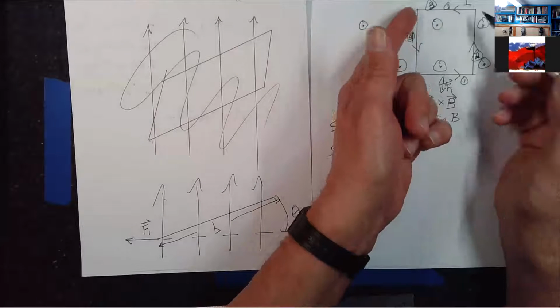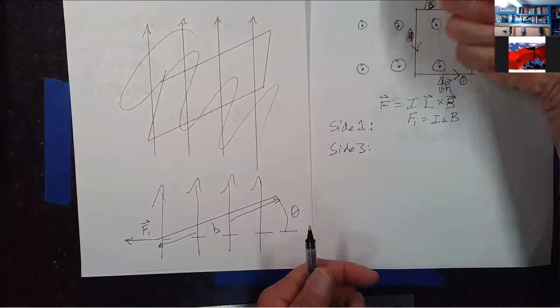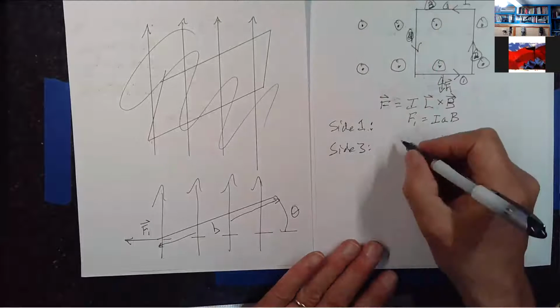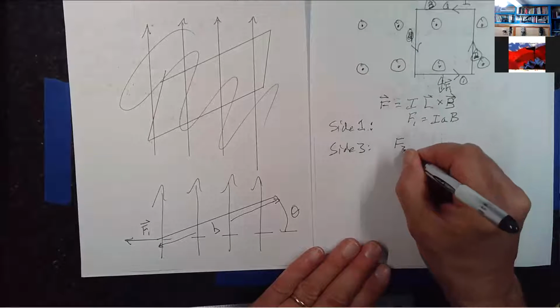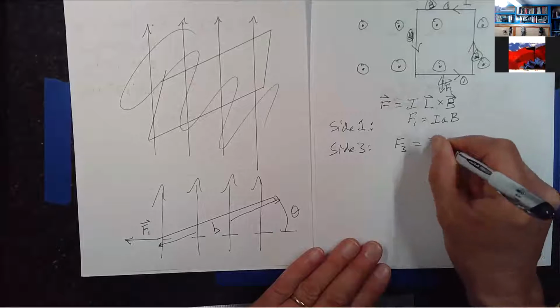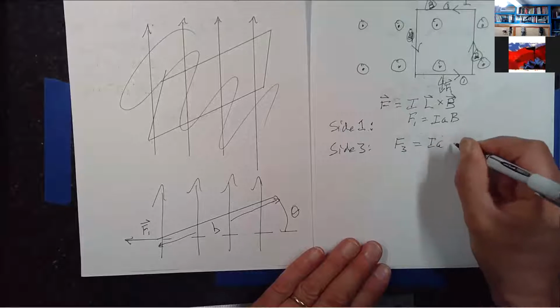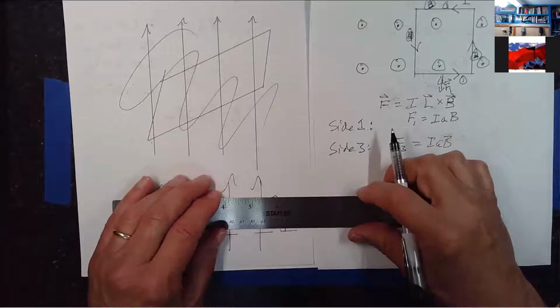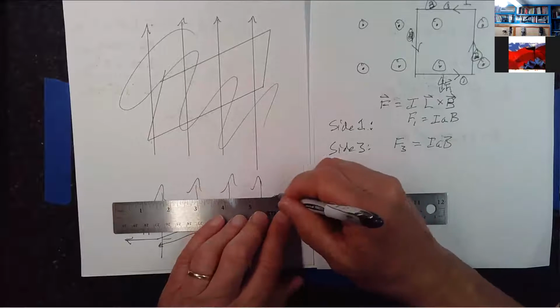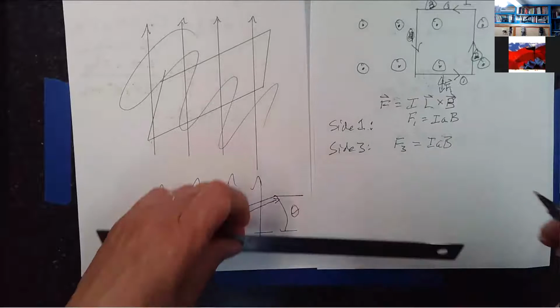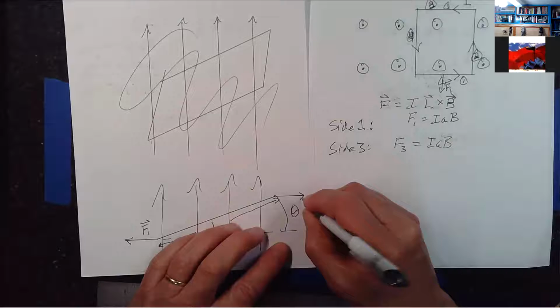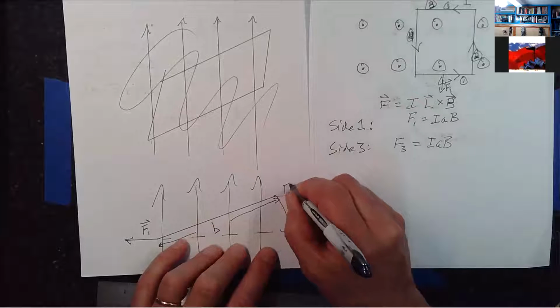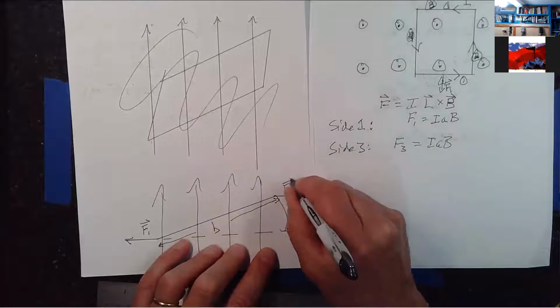It's the same length, IA cross B, but it'll be in the opposite direction. So F3 is also equal to IAB. But if I draw it on here, it's going in this direction. So this is F3 as a vector there.